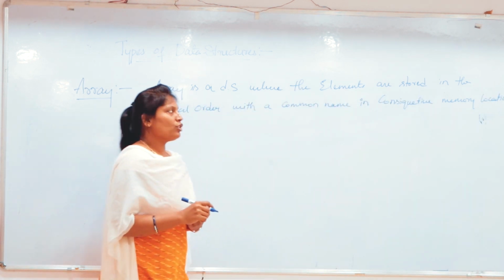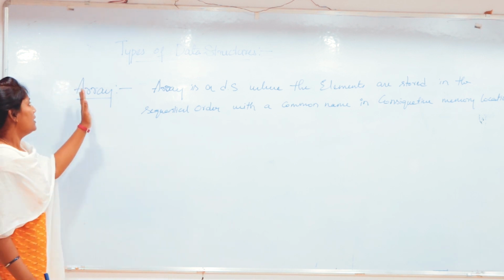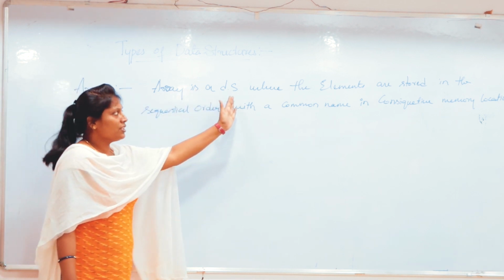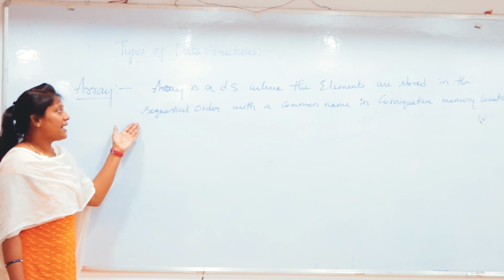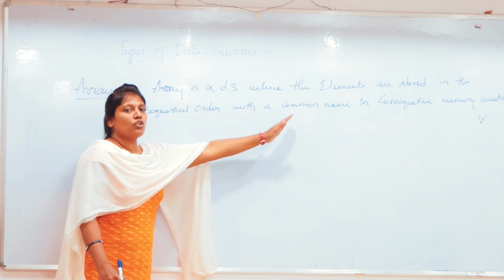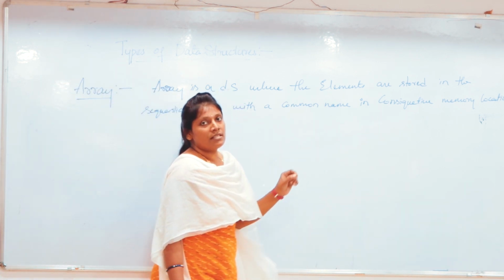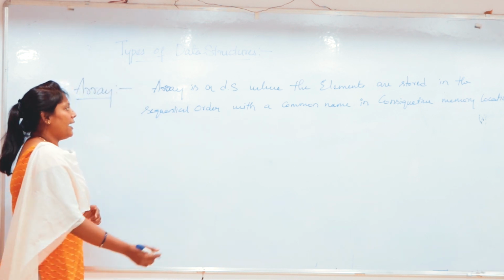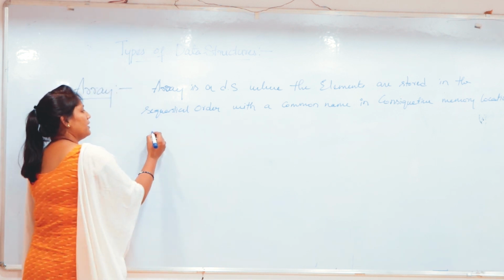Okay, that is the definition of an array. Once again, I will repeat. An array is a data structure which stores the elements in a sequential order with a common name in a consecutive memory location. And let us see the structure of an array.